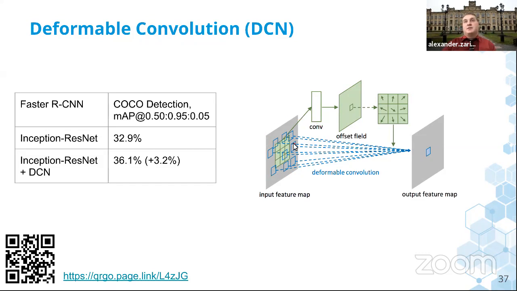Such a way of implementing this deformable convolution layer will be well optimized by the underlying hardware and will create only a moderate overhead over classical convolutional layers, and obviously will increase the performance of our model. And on the COCO dataset, adding deformable convolution increases the performance of models by 3%.